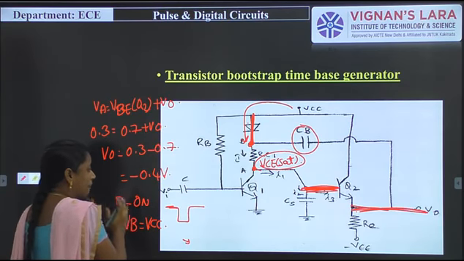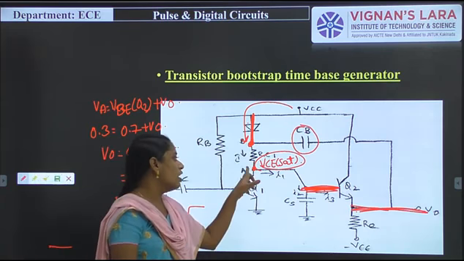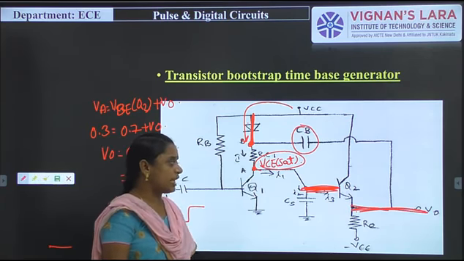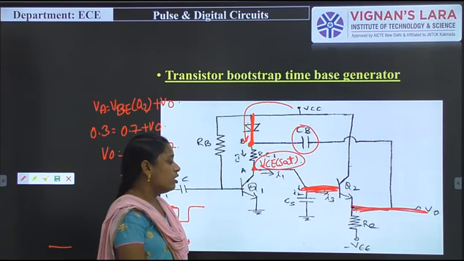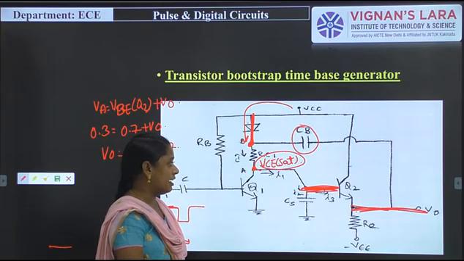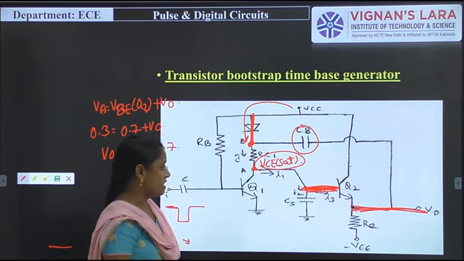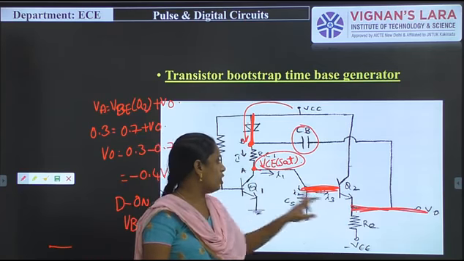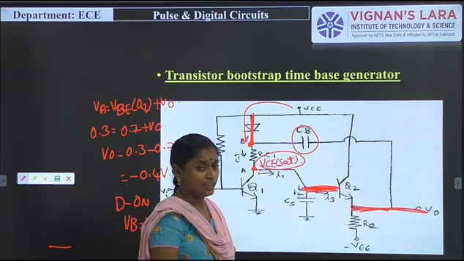That is, when we apply a positive signal to this, then Q1 is in on condition. So this VA voltage is applied to the transistor Q2 plus V0. So VA is equal to VBE of Q2 plus V0. From that, V0 is equal to 0.3 minus 0.7.